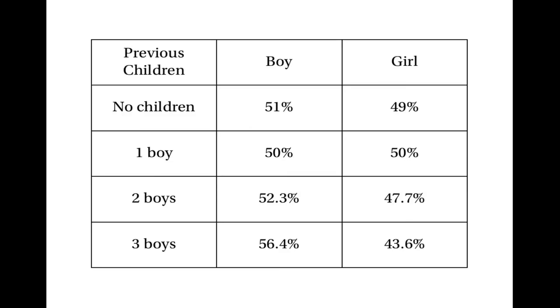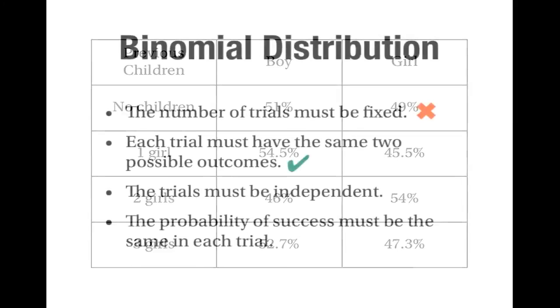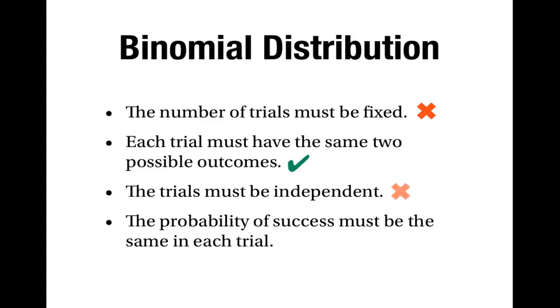Whereas if the child is the fourth to be born and the previous children were all boys, then the probability that the fourth child is a girl is only 43.6%. On the other hand, if the child is the third to be born and the previous two children were both girls, then the probability that the third child is a girl is 54%. This shows that the trials are not independent.